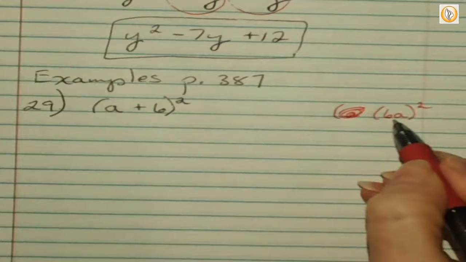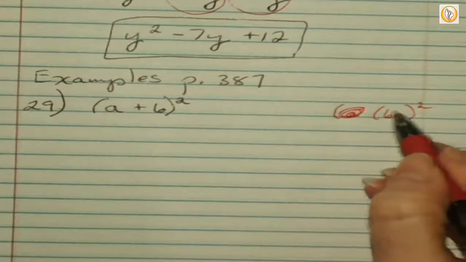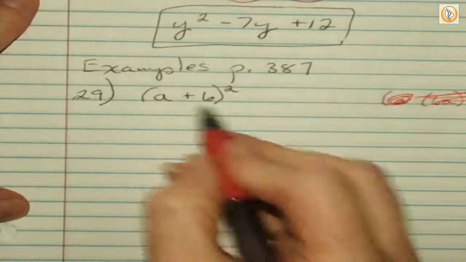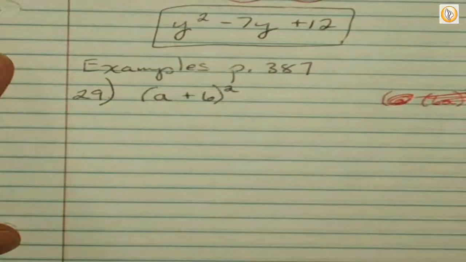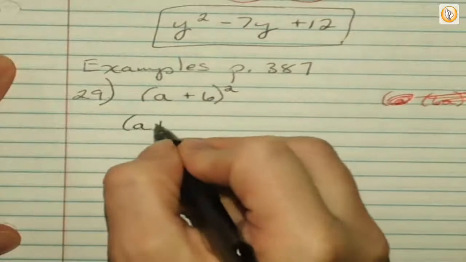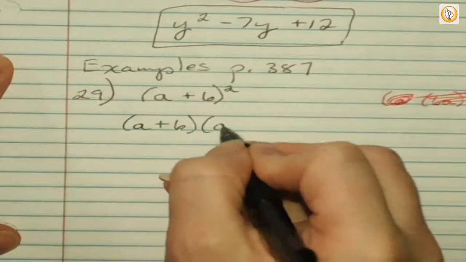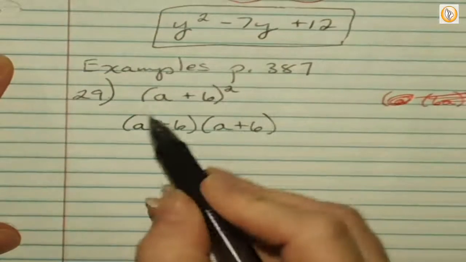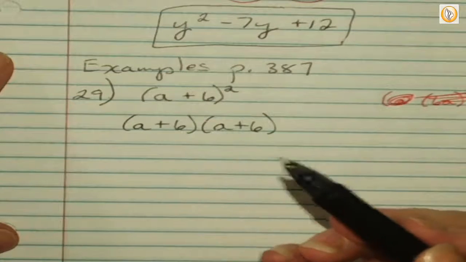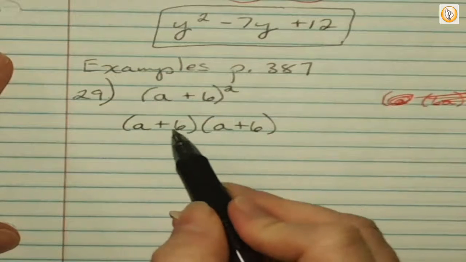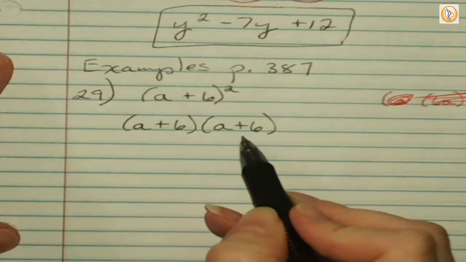Notice there's no plus sign. That's just one term, so we apply it to the inside. When there's a plus sign, there's no applying of anything. You're going to rewrite it like this, because that's saying a plus 6 squared times itself two times. So a plus 6 times a plus 6.